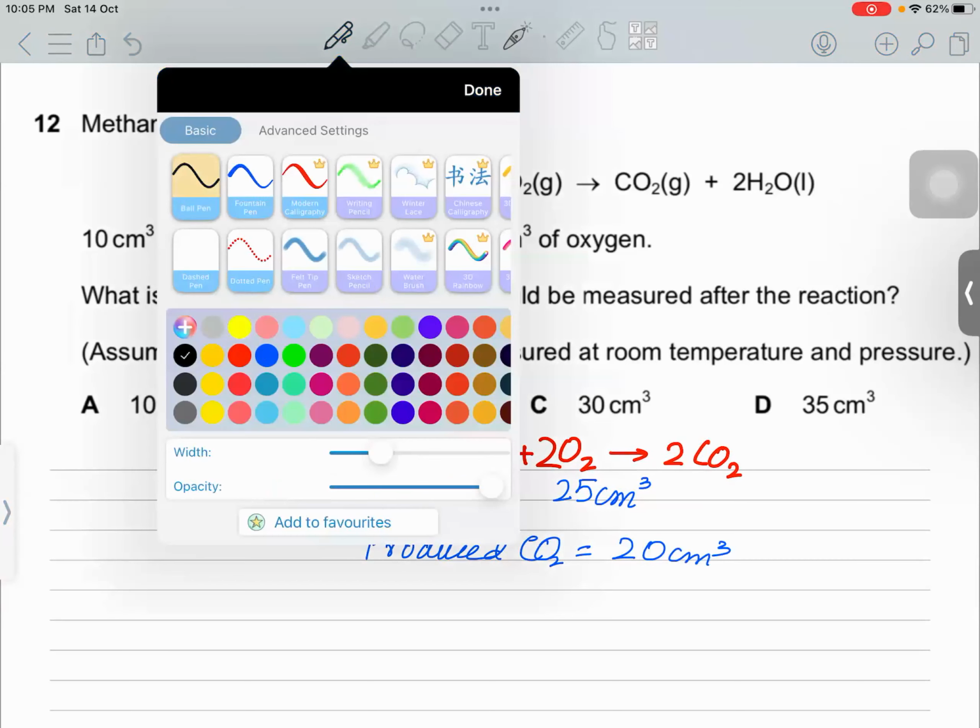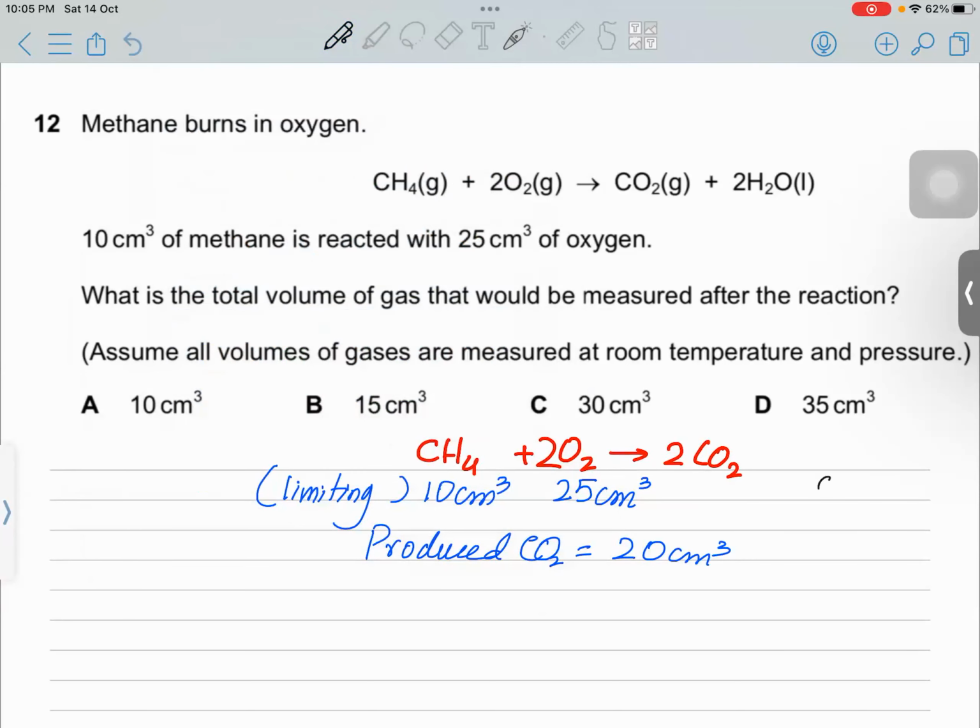But sir, won't we do CH4 and CO2? CH4 and CO2, you can see that the ratio is 1:2. If the limiting reactant is CH4, what would be the volume of carbon dioxide produced? It is 20 cm cube. But sir, there isn't two CO2, it's CO2. You can see the equation.